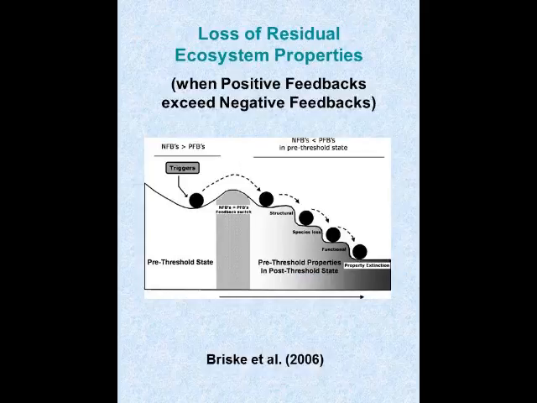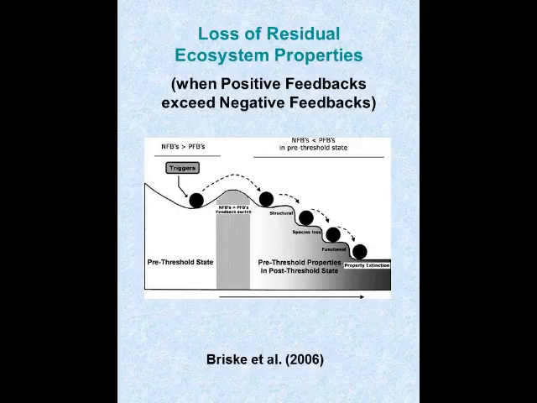Dave Brisky, also at Texas A&M University, and his colleagues have provided this graph. You can see the threshold, which is the shaded column with a hump in the middle, where the feedback switch is located. On the left of that shaded column, negative feedbacks exceed positive feedbacks. The pre-threshold state is maintained.